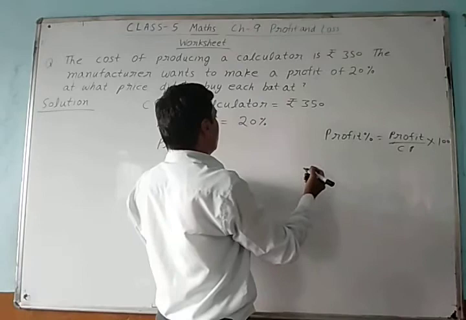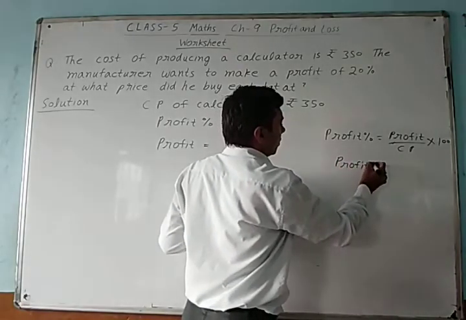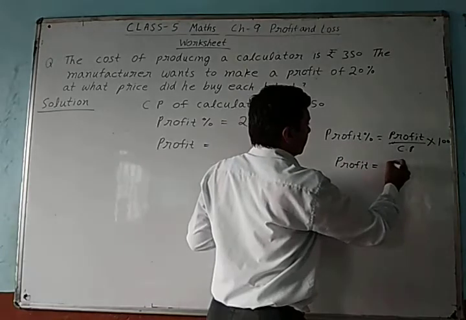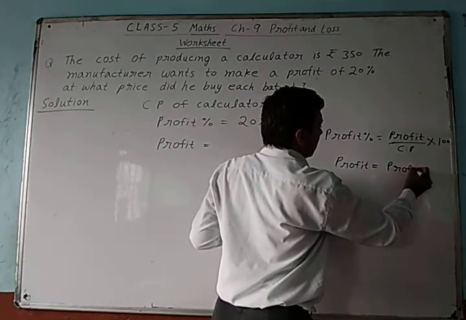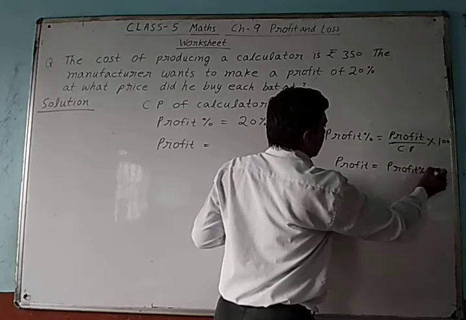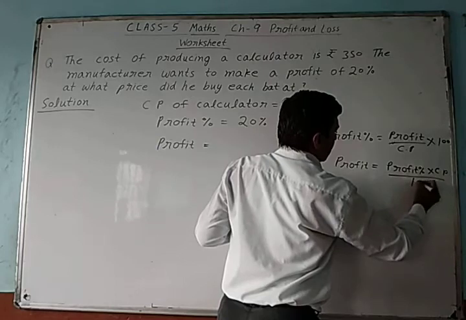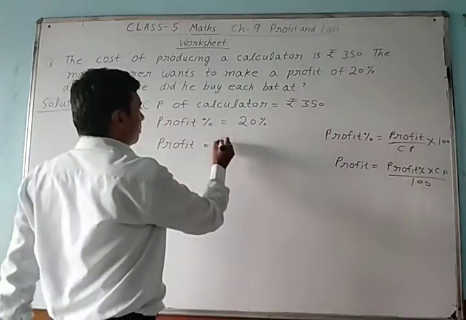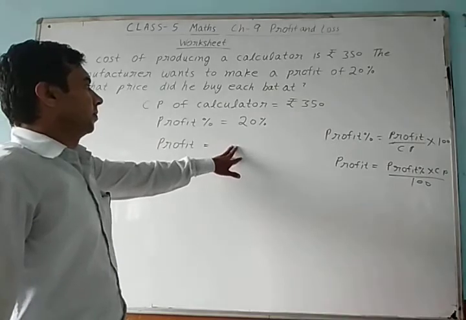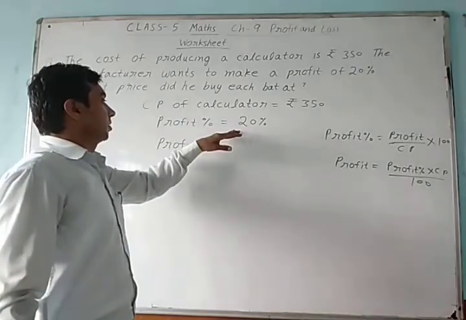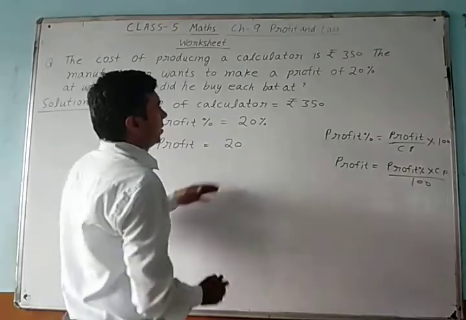So what we do is, student, very simple. What we have to find out? We have to find out profit. So profit is equal to profit percent into CP upon 100. Very simple, that we will do. So what we write? How much is profit percent? 20.